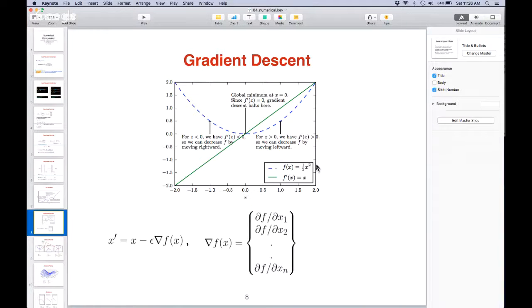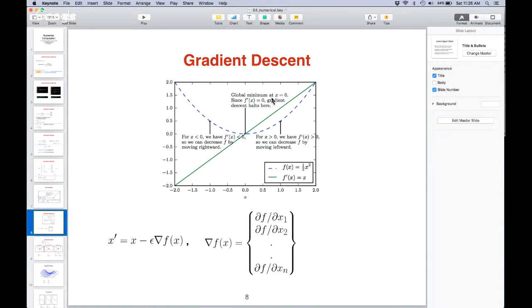Gradient descent is the typical algorithm we use in machine learning optimization problems. Here's a very simple loss function, which is basically equal to x squared. Or, yes, 0.5x squared, basically.